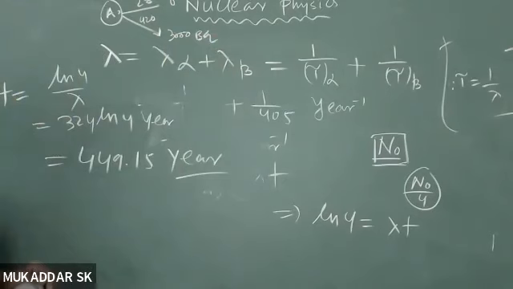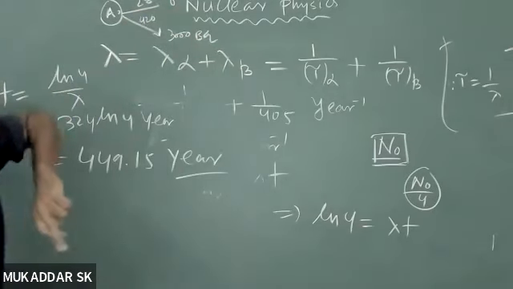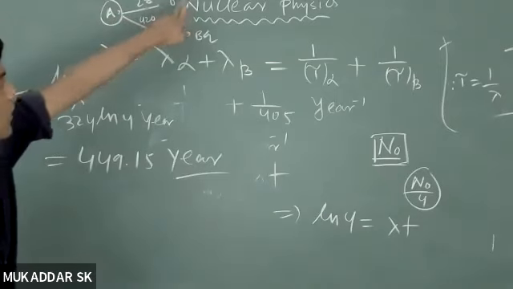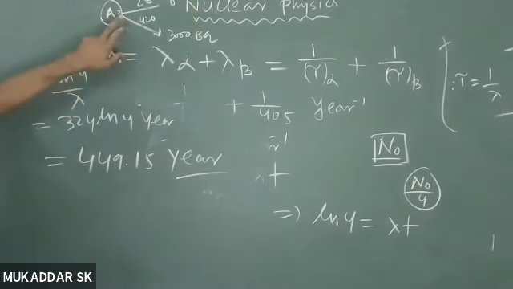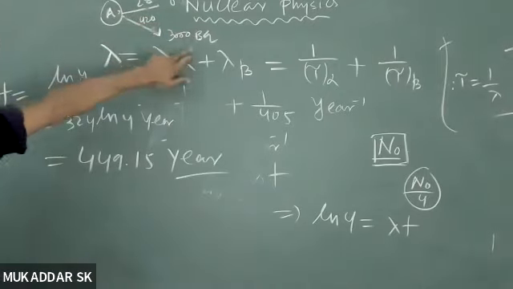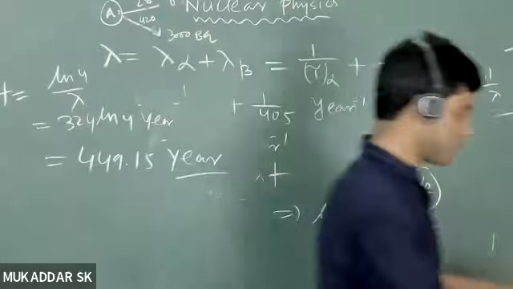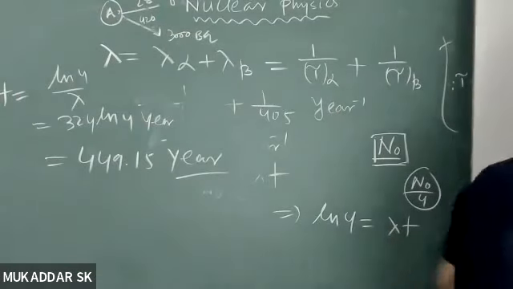It is not that 420 days comes after 280 days; both are measured from the start. So I have to calculate the initial activity. Can you please try this one?